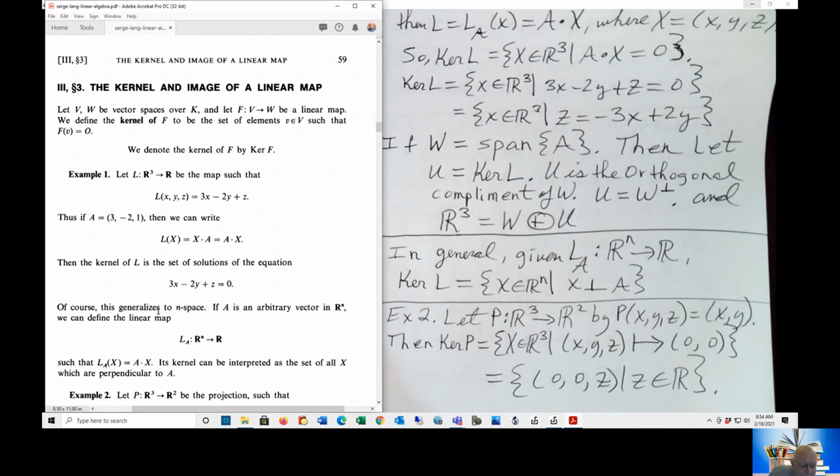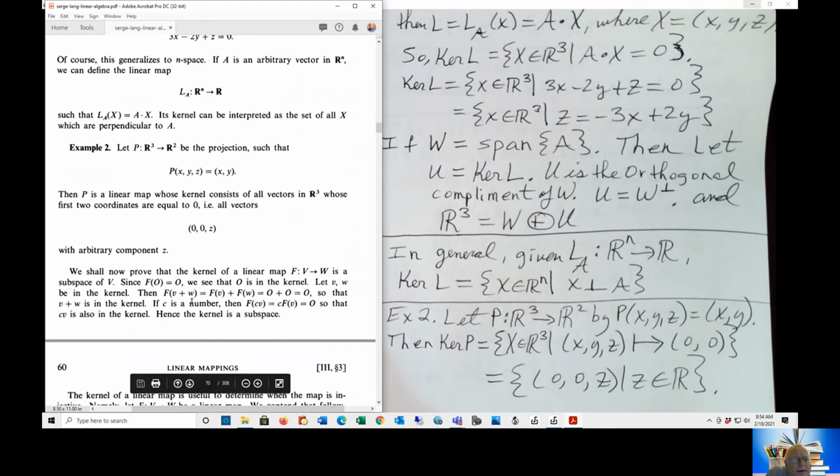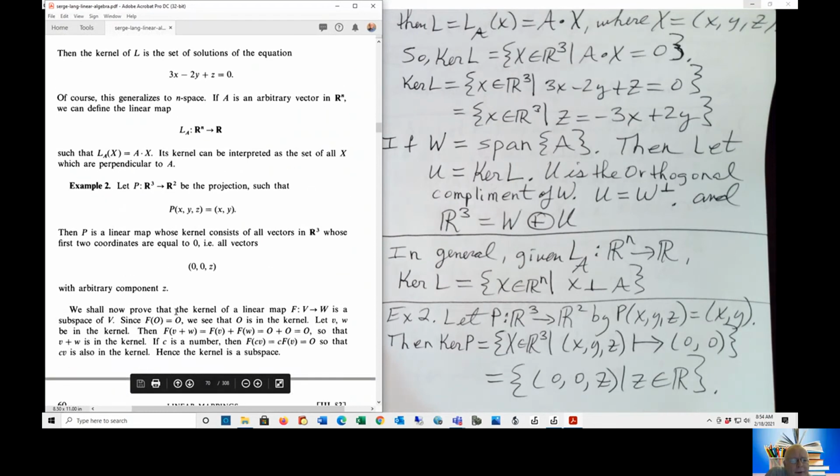Okay, let's look next at example 2. Example 2 is the projection mapping from R3 to R2. Take an ordered triple and just knock off the third coordinate.